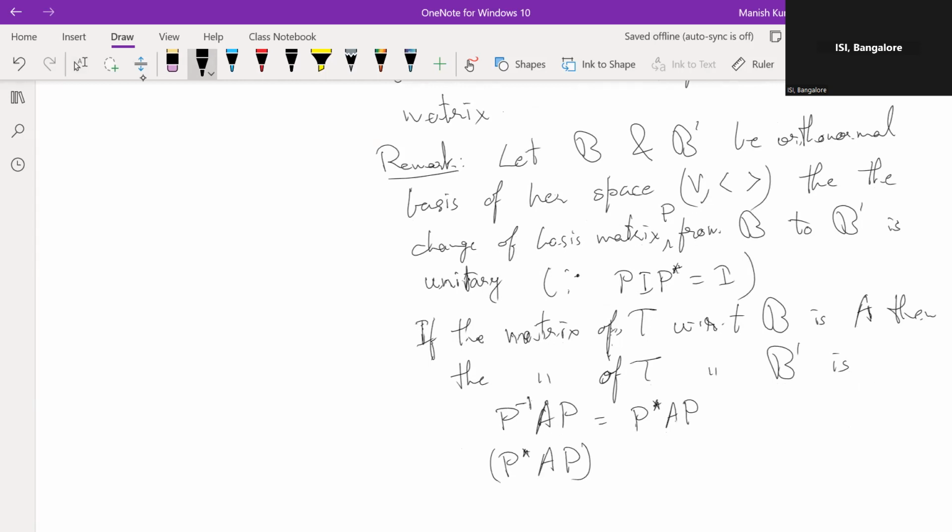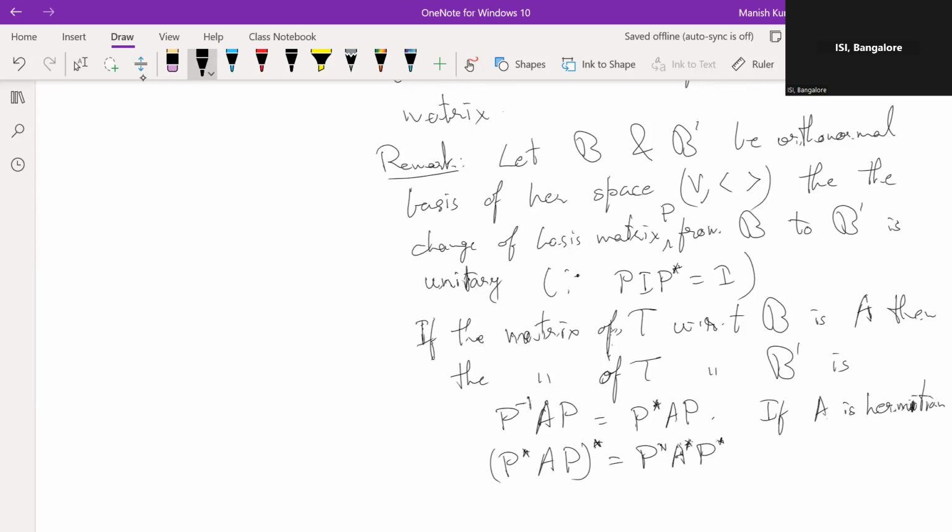So if A is a Hermitian matrix, then P star AP whole star is P star A star P double star. P star comes here, then A star, and then P double star.